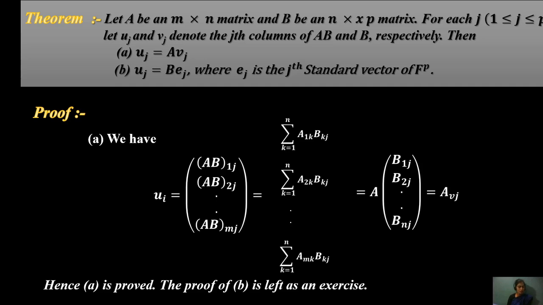B is common in this part, and with A1k, A2k, ..., Amk, both of these values are generated. Then A is common to this part, giving A times (B1j, B2j, ..., Bnj), which equals A vj. Hence the first equation is proved, and the second equation follows the same way: B is common, the same steps apply, and we solve.